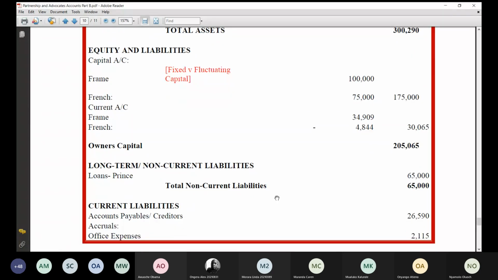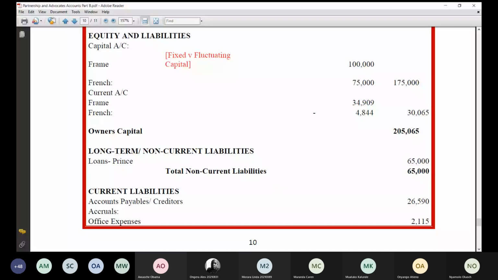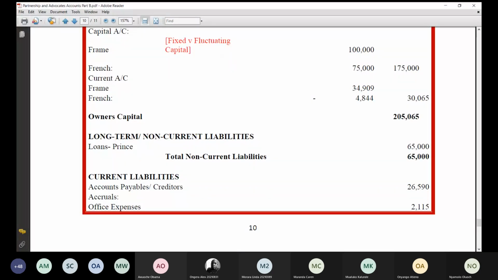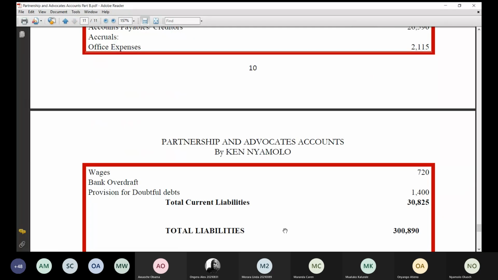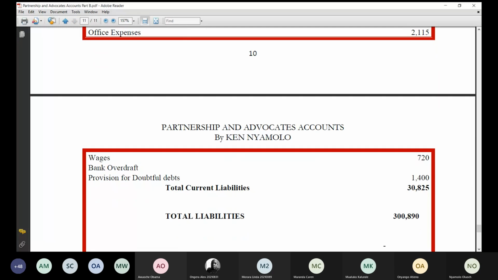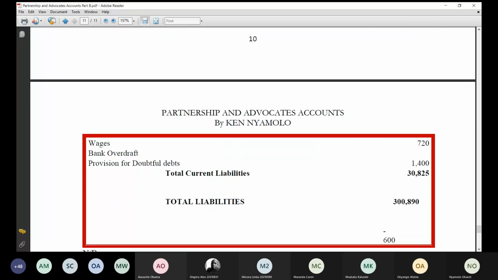Long-term liabilities, or rather non-current liabilities, we have the loan from Prince, which is 65,000. Of course, then we have our current liabilities of accounts payable, 26,590. Office expenses, an accrual of 21. Wages, 720. Our provision from the TB is 1,400.